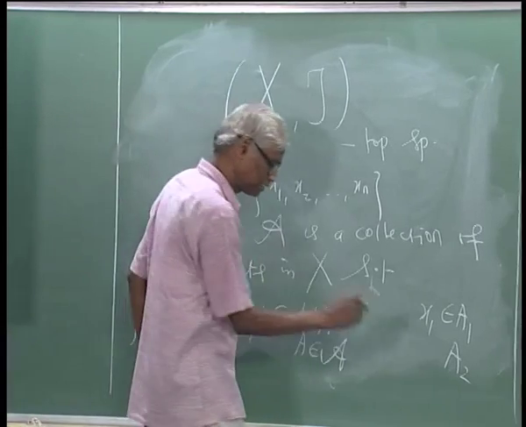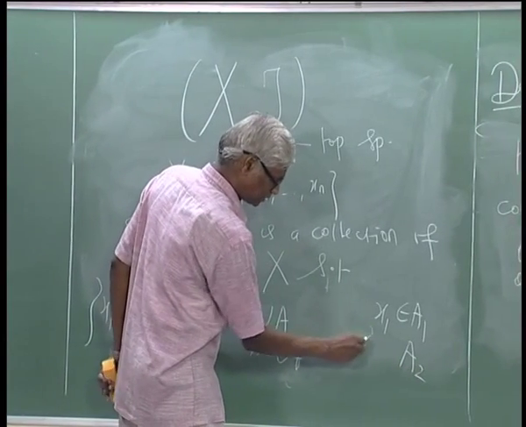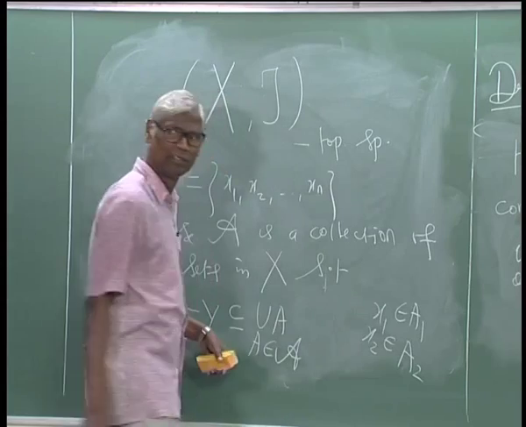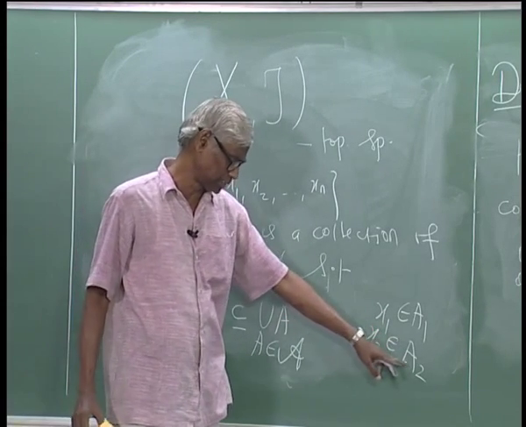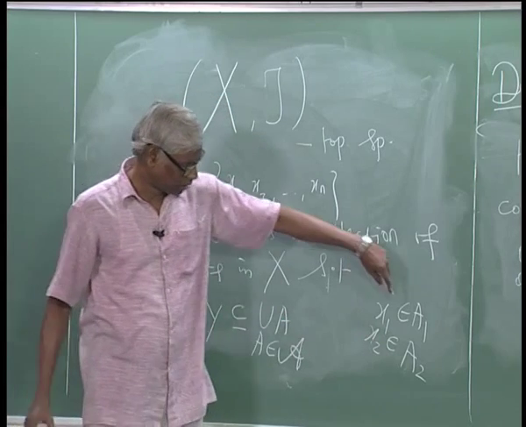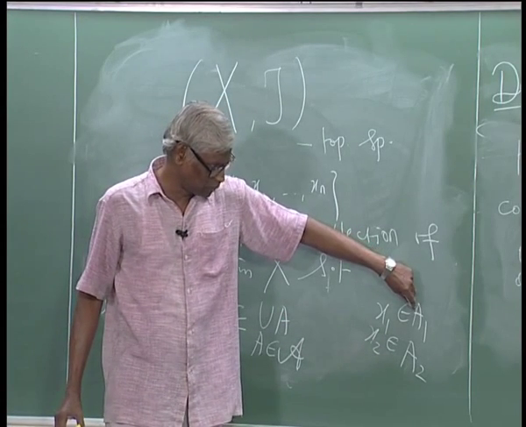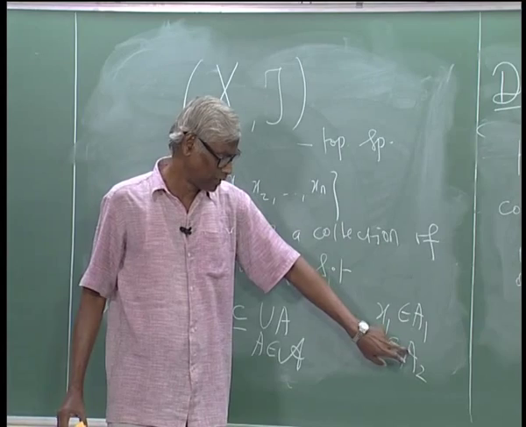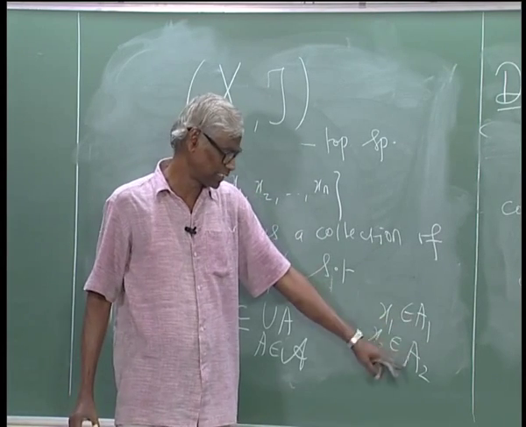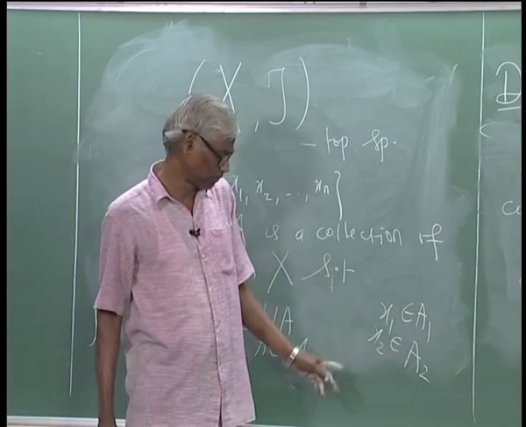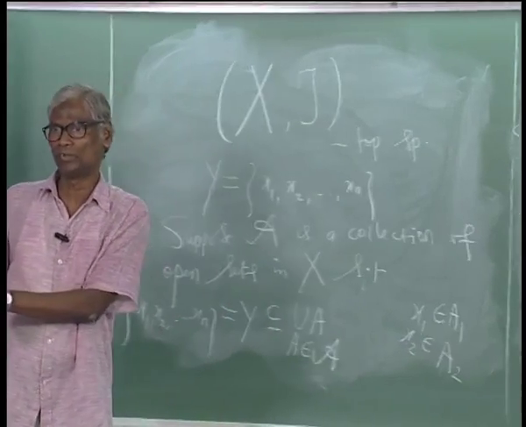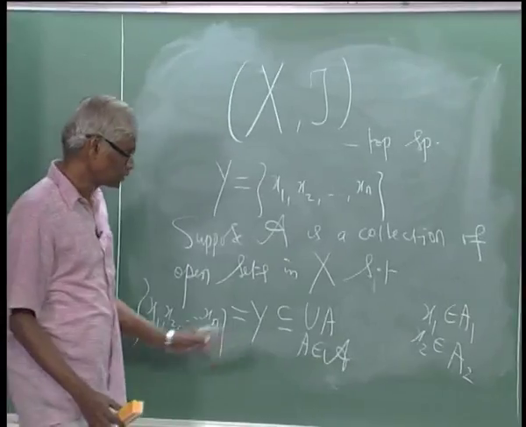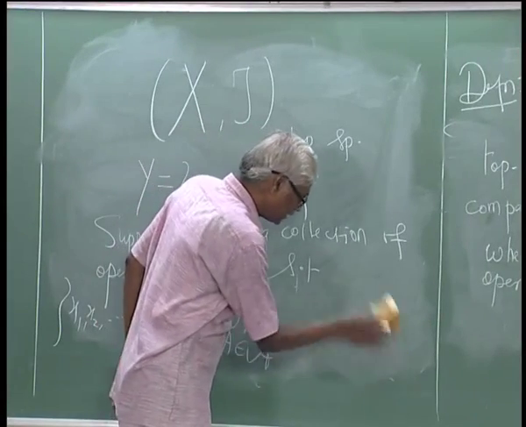Also it is possible that A1 equals A2, we do not say that they are disjoint. When we are just counting here, it is A1, A2, up to An, so we do not say they are all distinct.